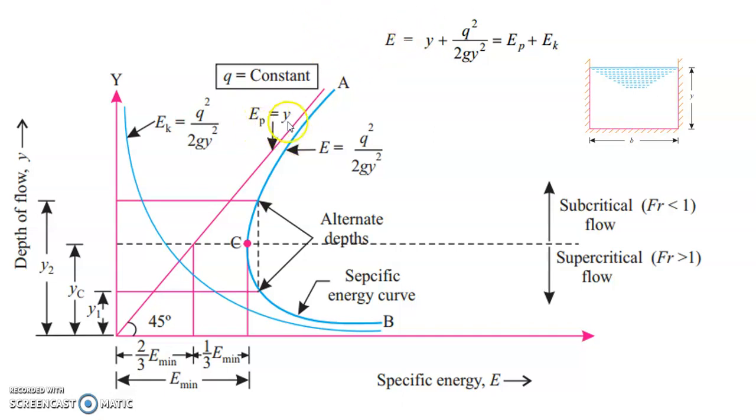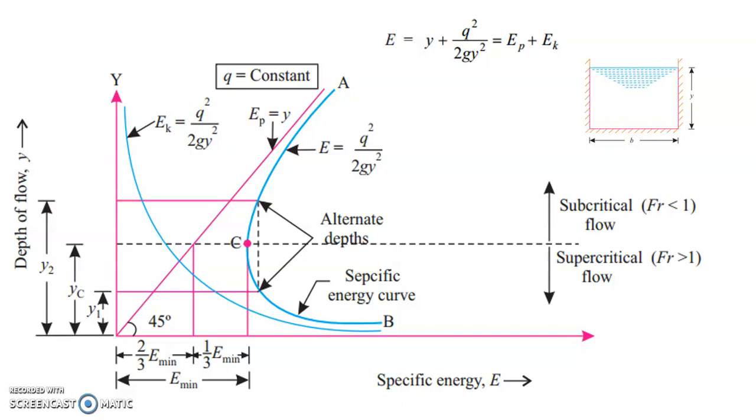This EP equals y is the first part of the equation. The second part is the plot of depth of flow versus energy EK. EP is potential energy, EK is kinetic energy, and in kinetic energy you have 1 by y square. So obviously it's not a linear line. The curve for kinetic energy is a parabola.